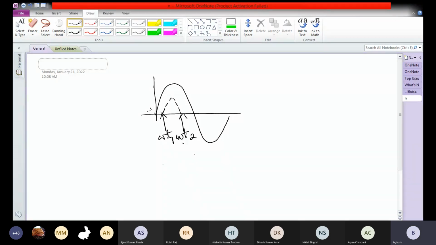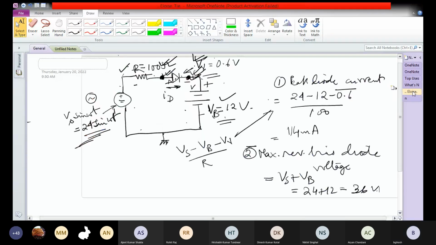Now, my diode conduction cycle will be what? When the diode is just starting to conduct, the voltage at this point will be 12 plus 0.6. Suppose the AC source is steadily increasing from 0.